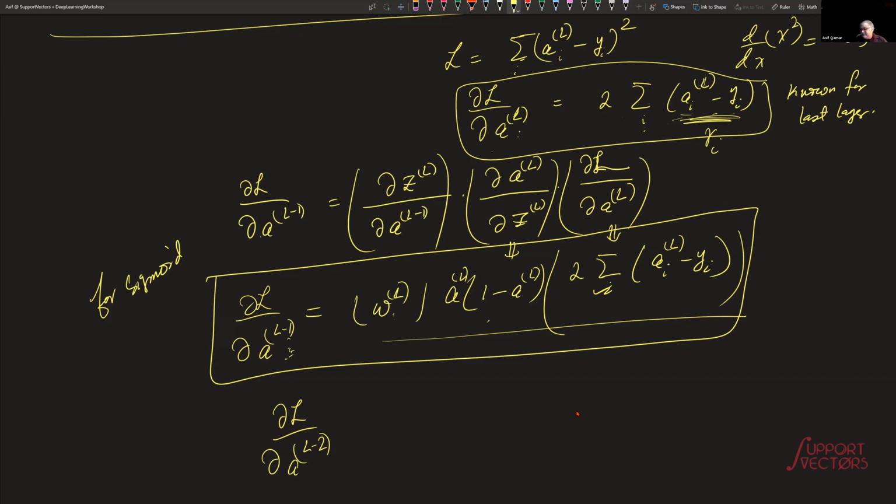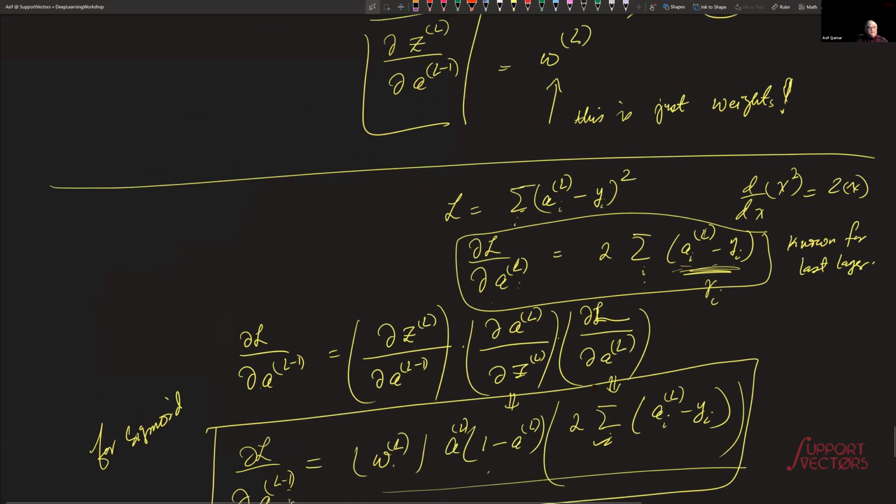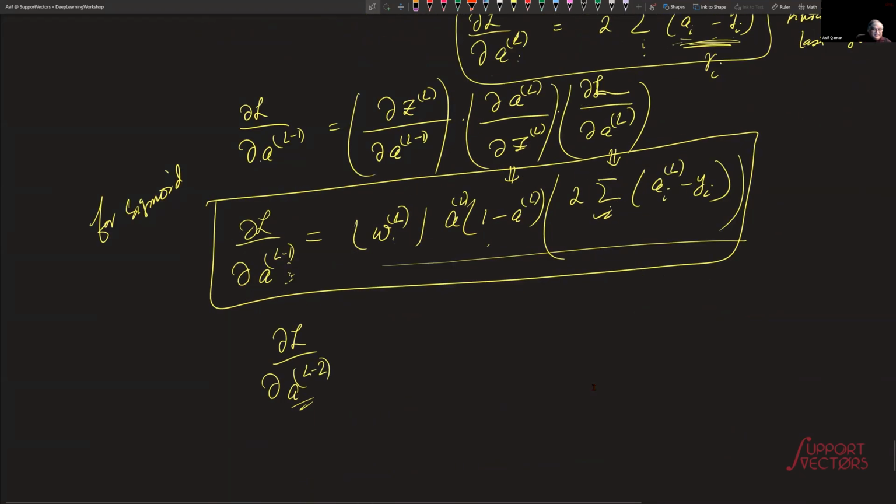So L minus 2 can be found, and you can keep moving back and keep computing the gradient. Once you have this activation, you can compute the loss function, with respect to any loss function. If you know this at any layer, you therefore can know this. Why? We already did that.